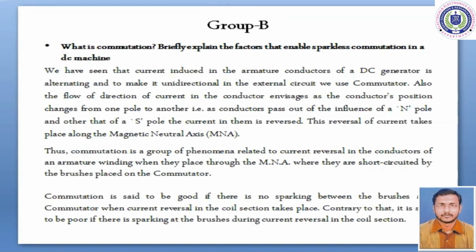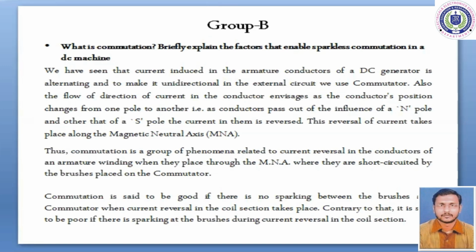These currents flow in one direction when the armature conductors are under the north pole, and in the opposite direction when they are under the south pole. As conductors move out of the influence of the north pole and enter the south pole, the currents in them are reversed. That is the very important thing which you have to keep in mind.